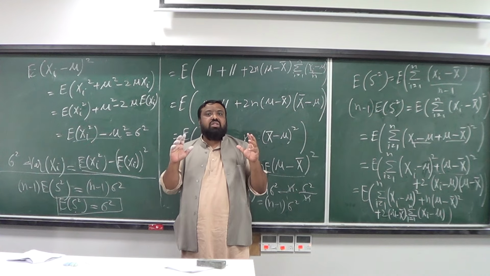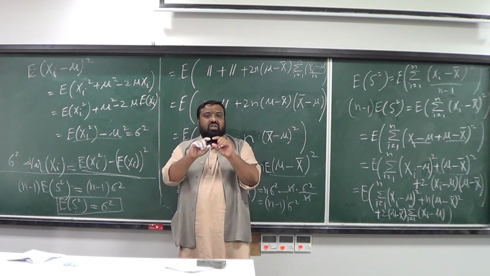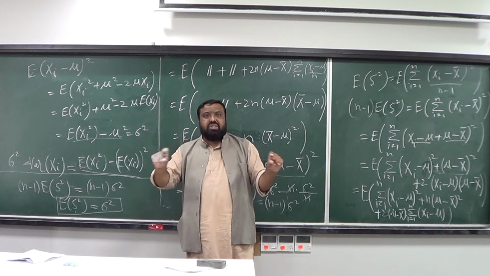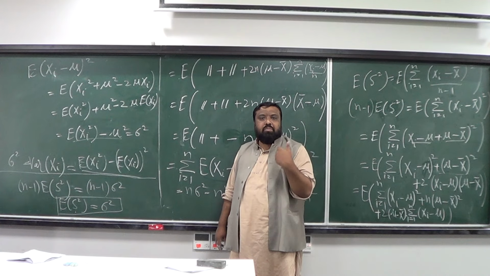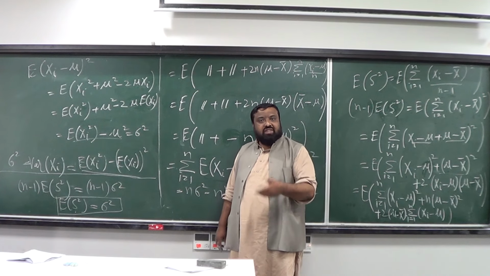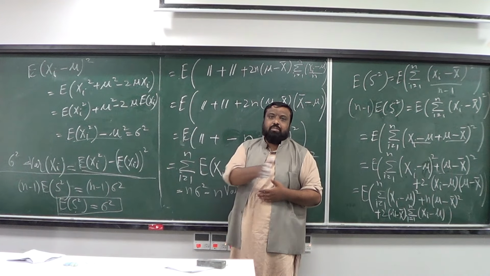The sample variance of that data set is going to be equal to the same variance that you have for each data point. So on average, the sample variance is going to share the value with each data point.